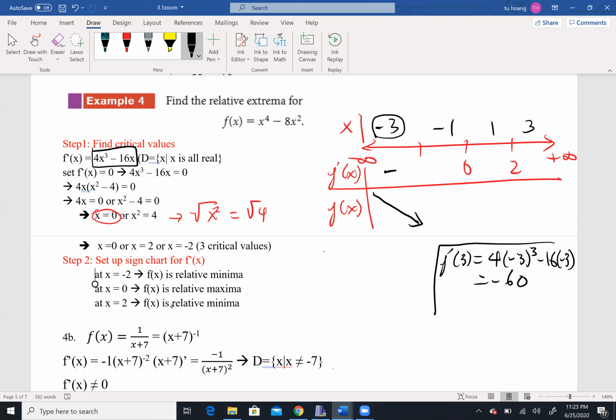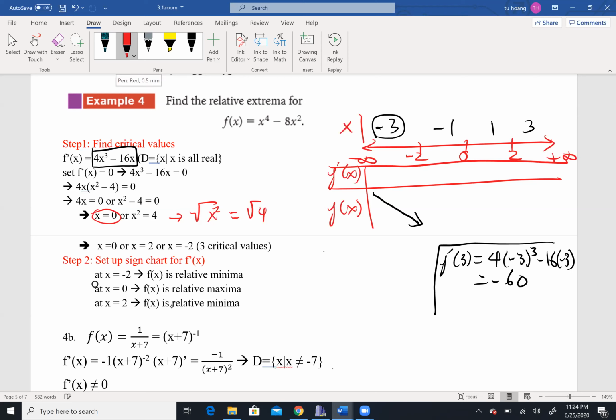Let me move up a little bit. 0 here, 2 here. I can also have a line here so I can separate that.